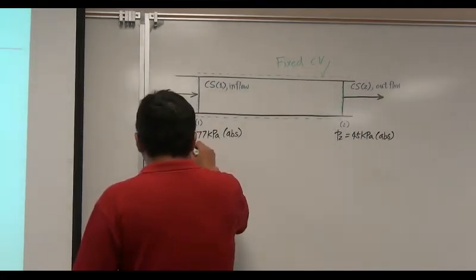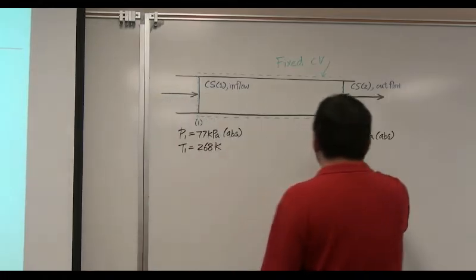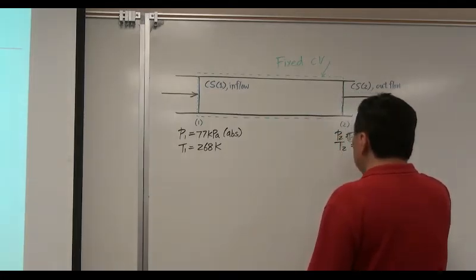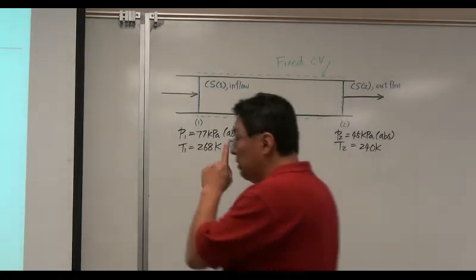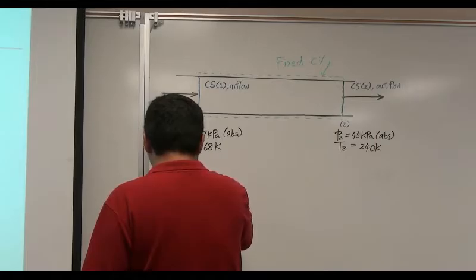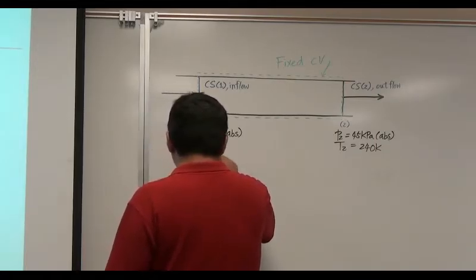Temperature is given T1, which is 268 Kelvin. Temperature T2 is 240 Kelvin. Average velocity V1. Average velocity is 205 meters per second.